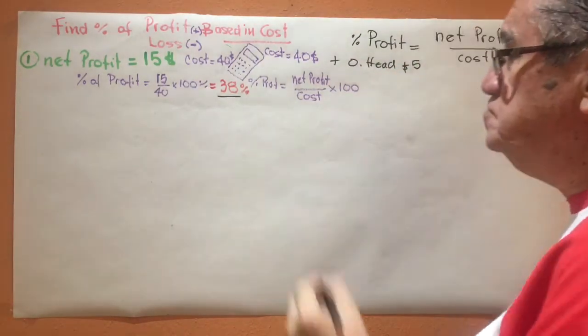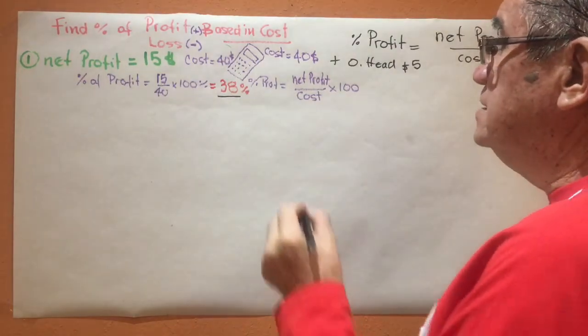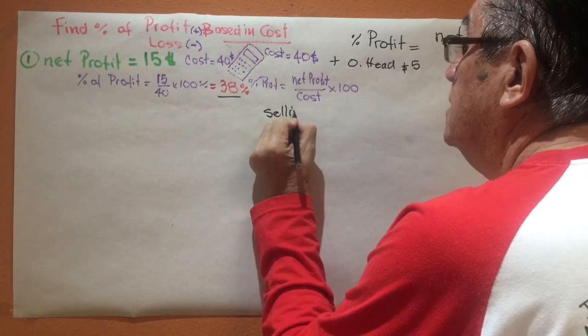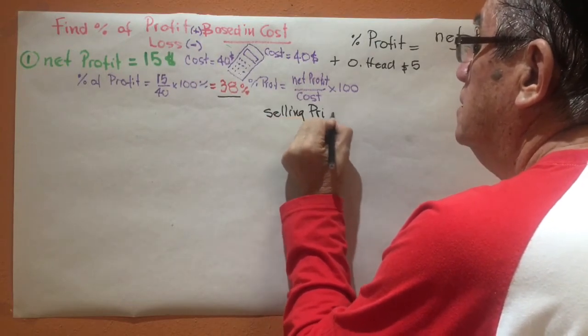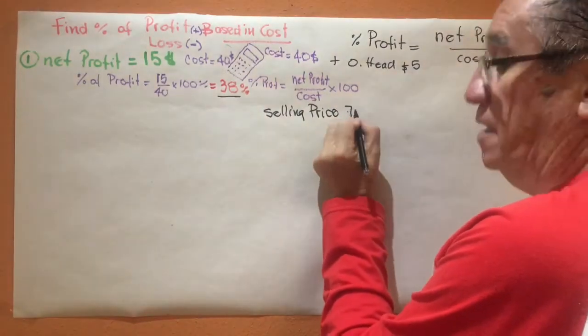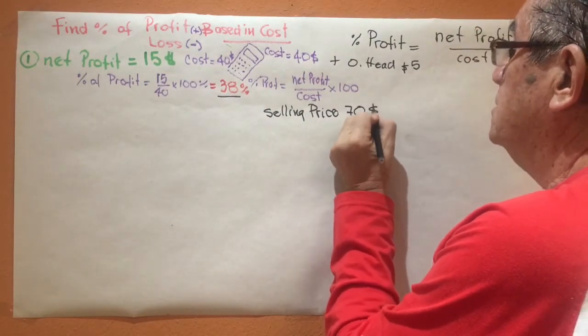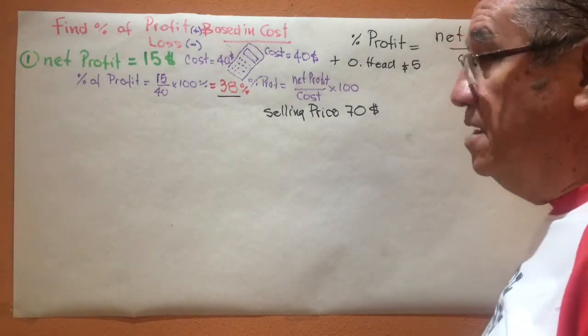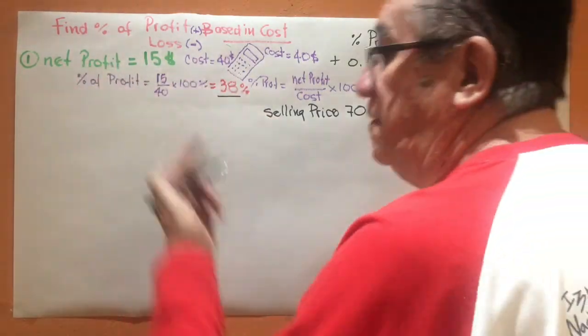So I had to use a selling price. I sold these calculators for $70. Okay, so I made money. Now I need to calculate my net profit.